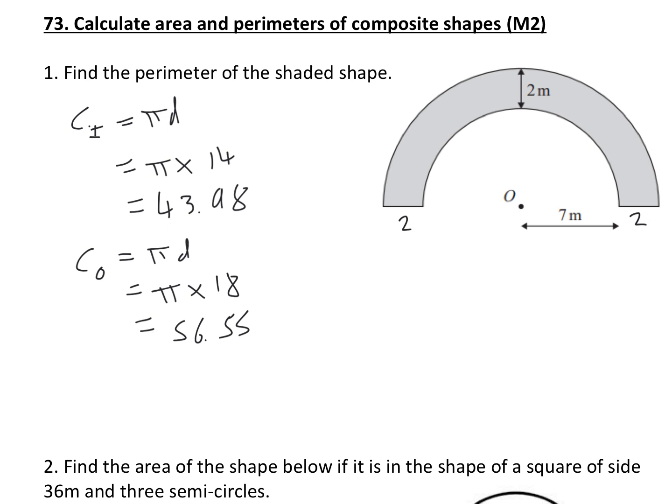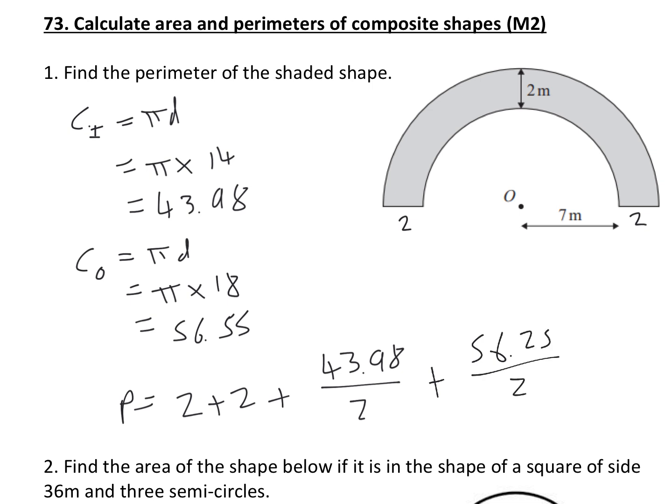So, what is the total perimeter then? You're going to add the 2 and the 2. We don't need the full 43.98. That's the full circumference of the inside one. We'd have to half that because we only want half the way around the circle. And same with the 56.25.